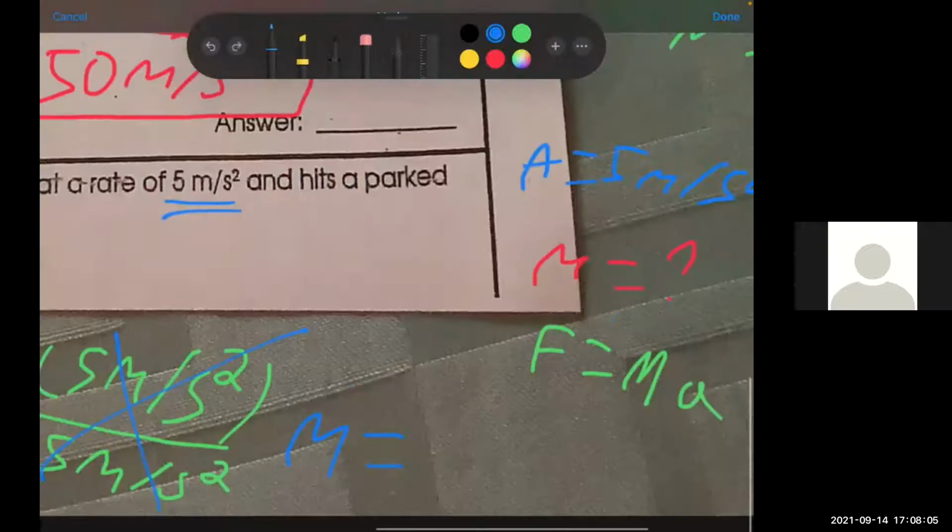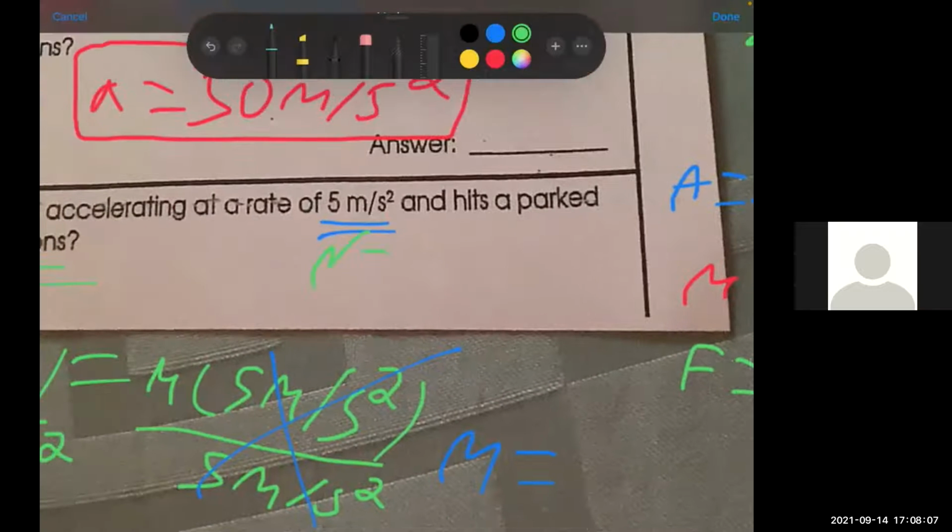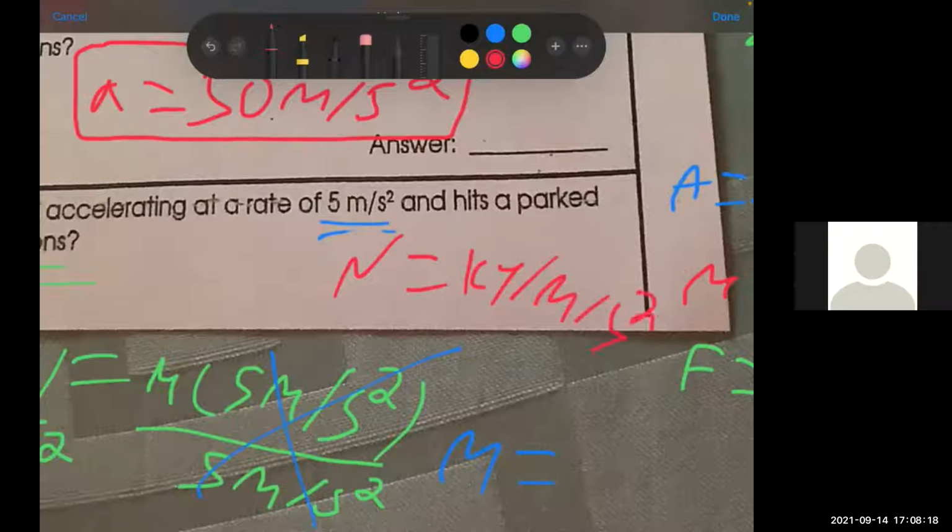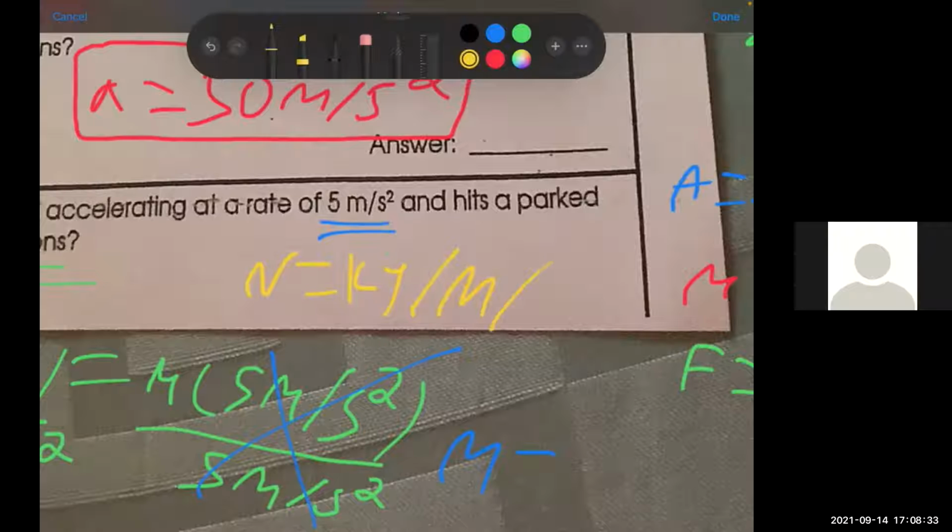For newtons, just make sure that we know that a newton is kilograms meters per second squared.